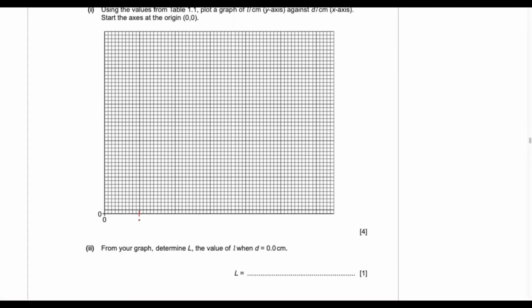So here will be 10, 20, 30, 40, 50, 60. Okay, then we draw a line and label this as D, cm.